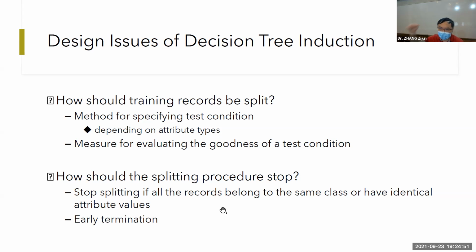That means we go to the very final decision node, so every record will find a home to stay in. Or we can set the number of iterations to control our computational burden, and based on that number of iterations, we can do an early termination.